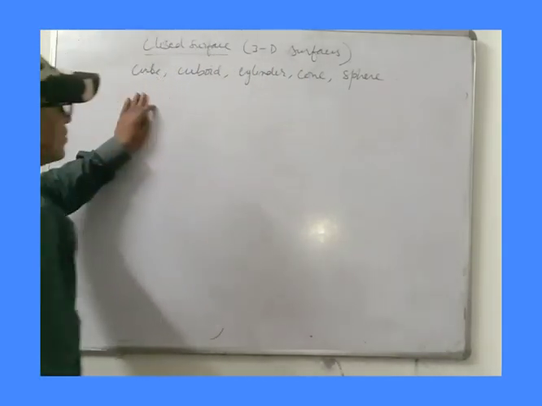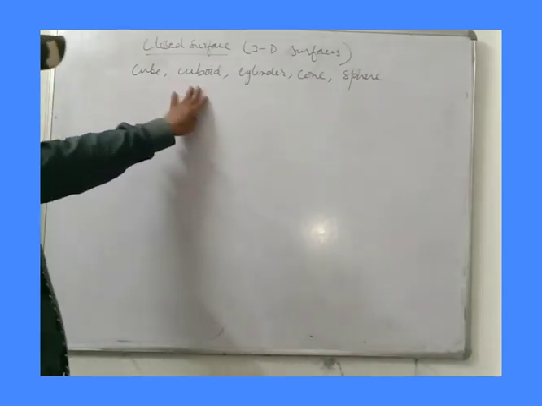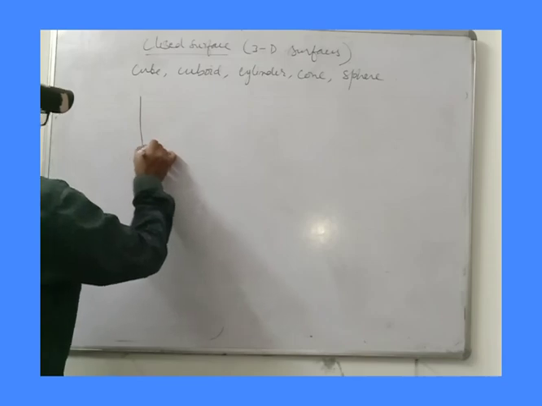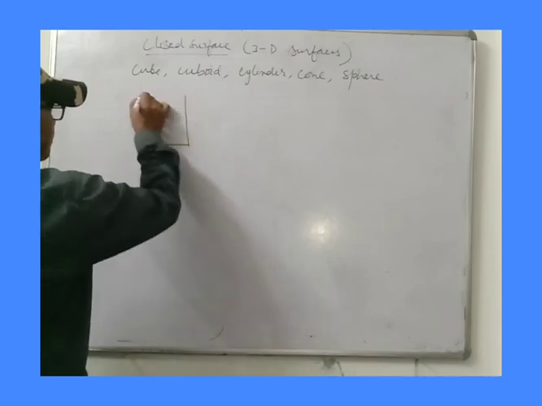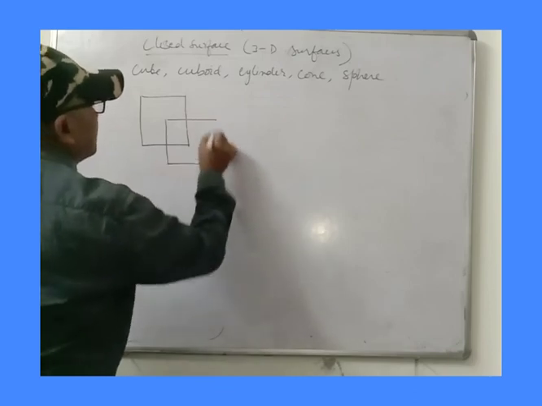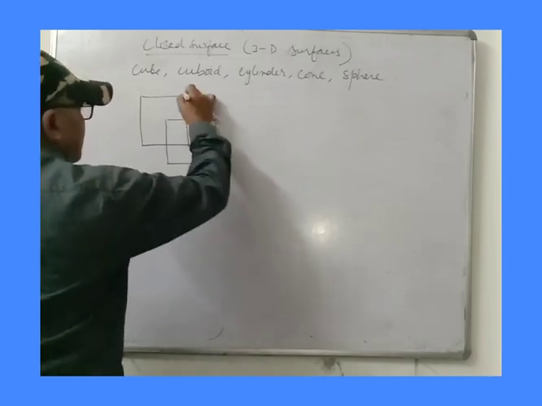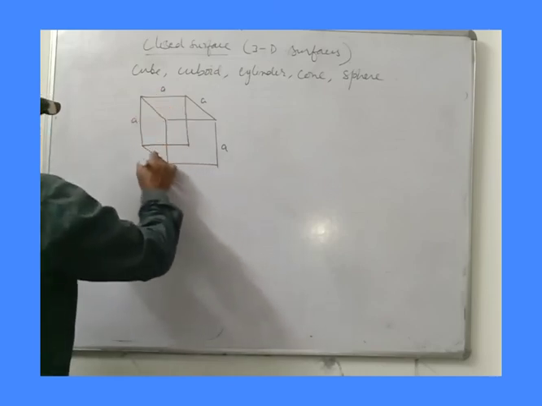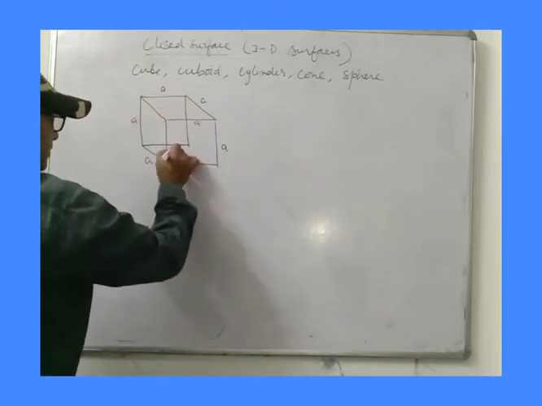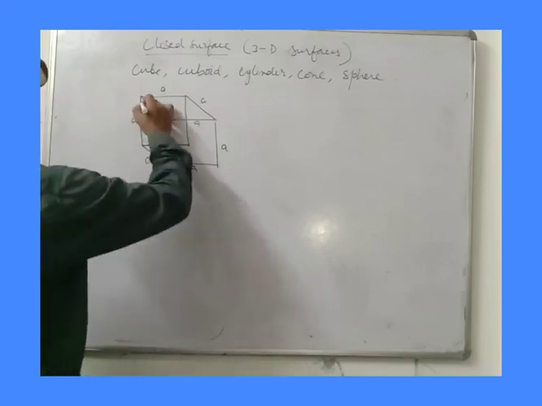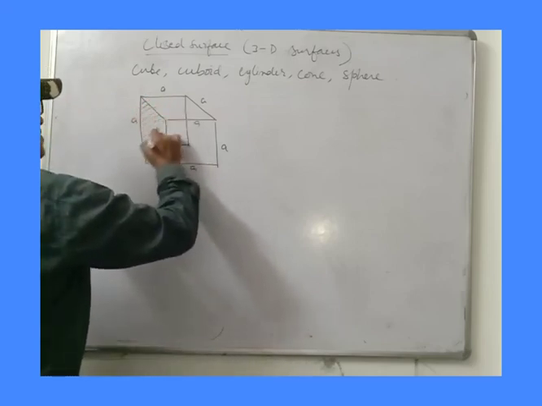Now, let us talk about area vector for these cases. Suppose there is a cube of side A. Now there are 6 faces.